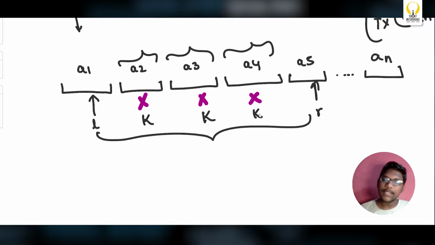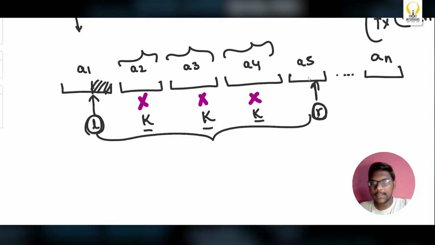Now the point is, if you can somehow find which array it is pointing to, and how many times you have to multiply your K with, we'll keep this part aside. We have to find the sum for this part, sum for this part. We'll only focus on calculating the sum for this part.